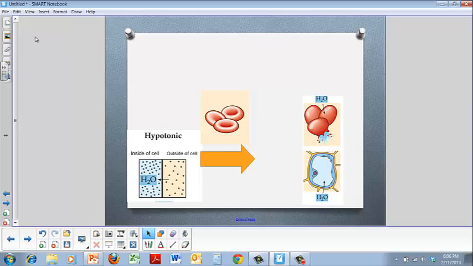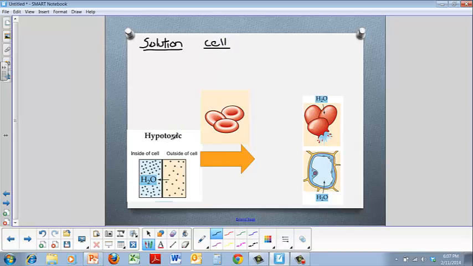So the first thing, we establish those gradients. In our solution, we have two things: we have a solution and we have a cell.